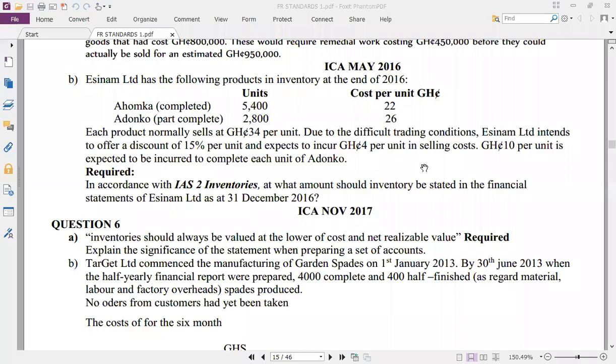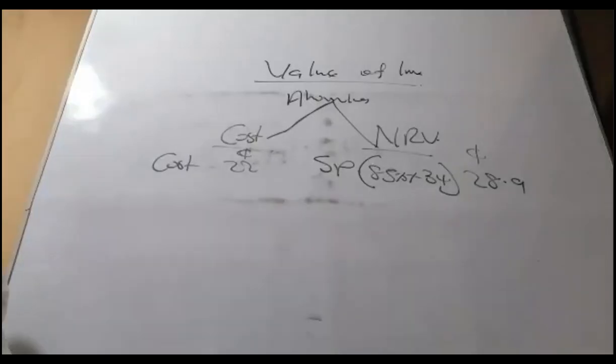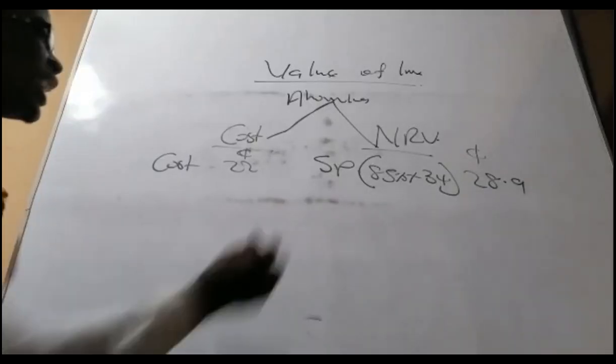They are saying that 10 Ghana cedis per unit is expected to be incurred to complete each unit of Adonko, not Ahomka. So here there's no cost to complete, but we only have selling cost.